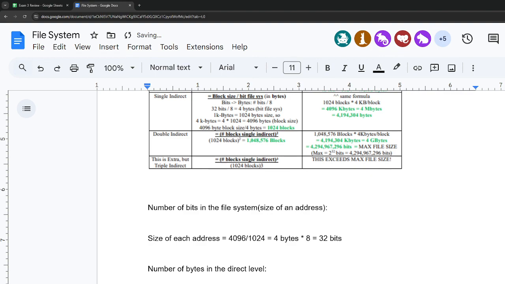So all we have to do is multiply the number of blocks times the number of bytes, 4096, and we should end up with 49,152.